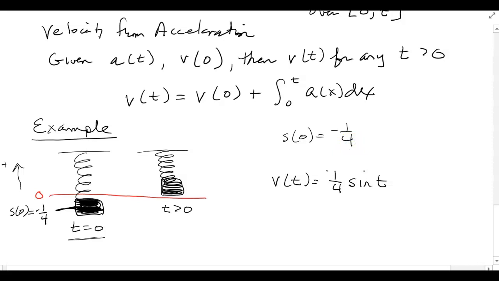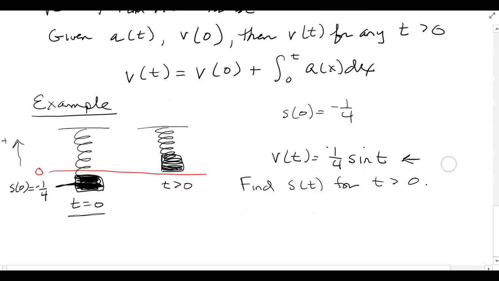We know that the velocity of this particular spring, when we let go of it, will be 1/4 sine t. What we want to find is the actual position function for when t is greater than 0. So let's think about that.